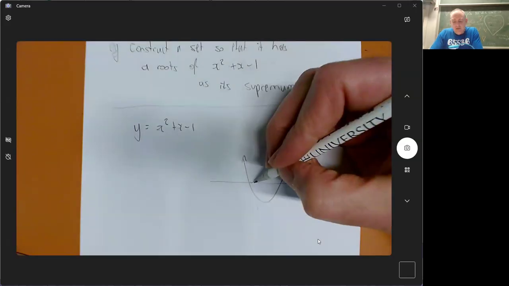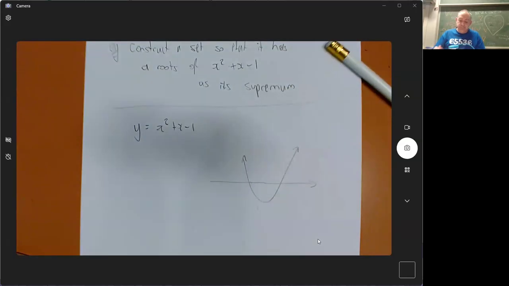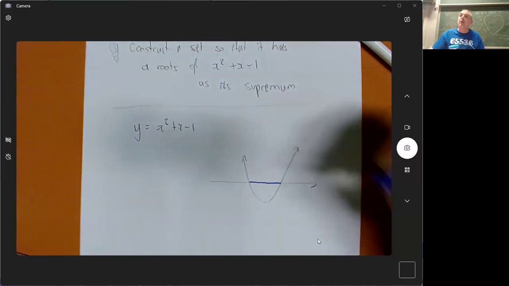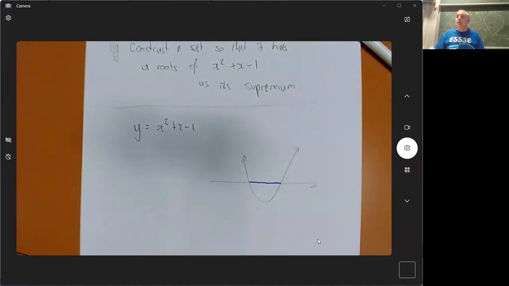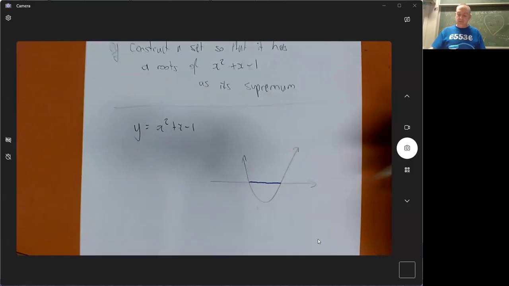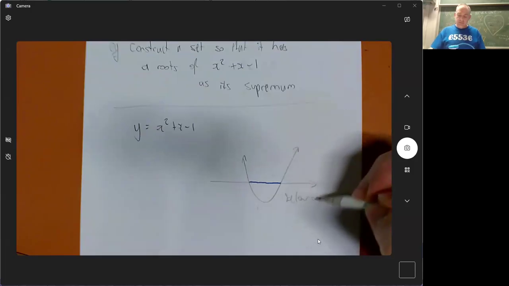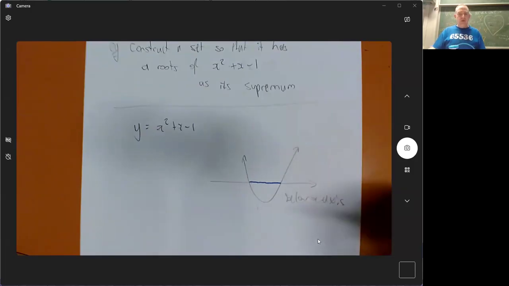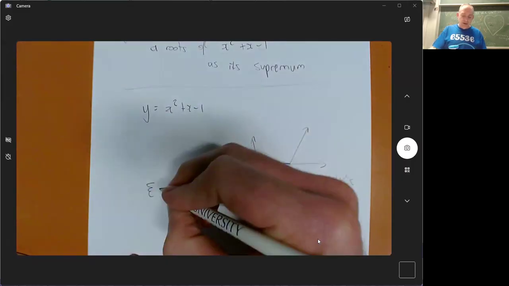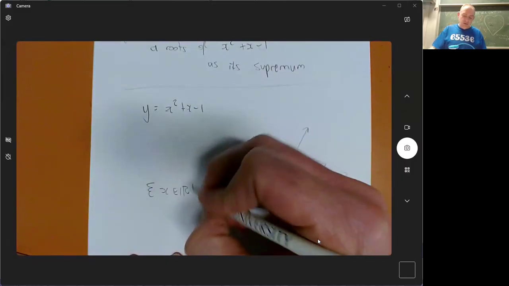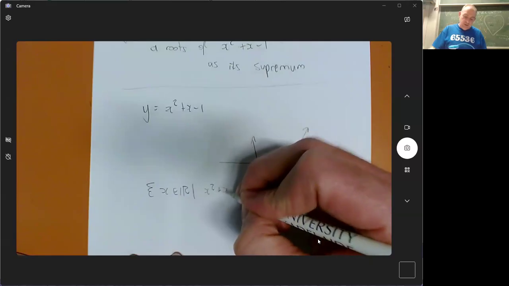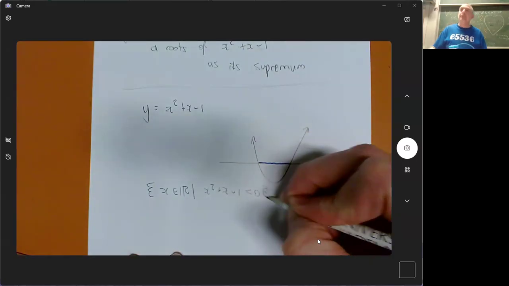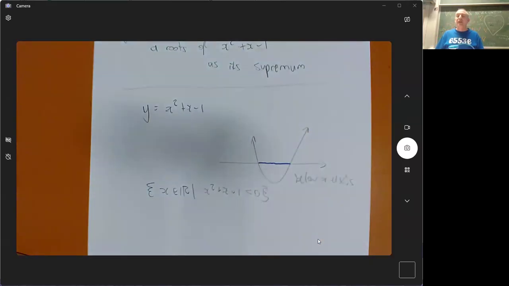This set here would be the set I want. That set is the place where this function is below the x-axis. So I'm going to say my set is the set of x in R such that x squared plus x minus 1 is less than 0. That is my thinking.